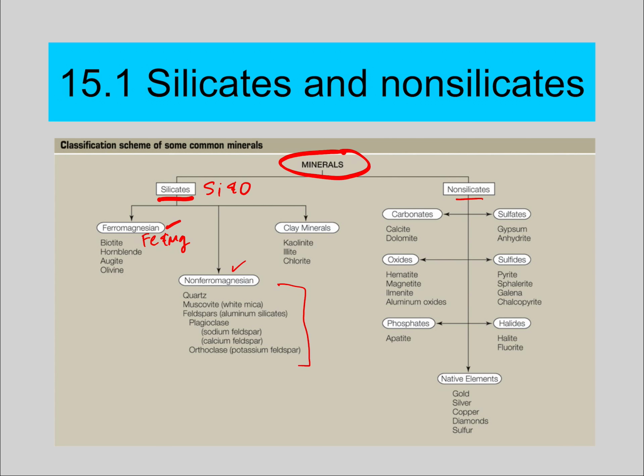These right here would have no iron or magnesium, and then we have clay materials. The non-silicates, we have more subgroups. We have carbonates, oxides, phosphates, sulfates, sulfides, halides, and native elements. And so these are sorted by basically what they're made out of, whether they have sulfate groups, sulfides, halogens, and so on and so forth.